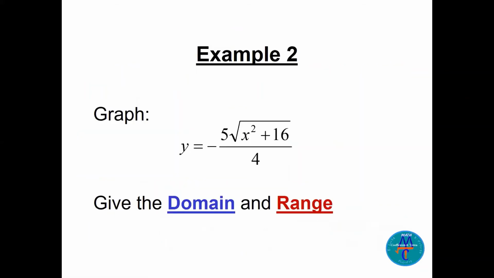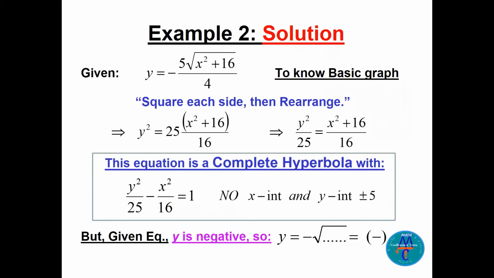Now, if you look at this example, y equals minus 5 square root of x squared plus 16 divided by 4. We can imagine or expect this will be half of something, probably a hyperbola. So to know the basic graph, we square both sides. See, this will be y squared, the minus will disappear.